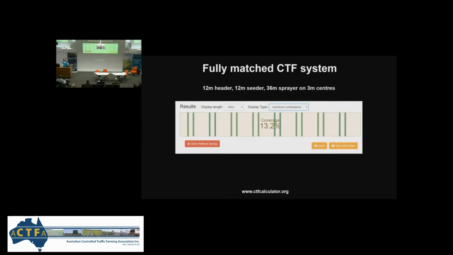So the aim of it is to minimise the amount of paddock that you actually wheel. And this one here is an example of a 3-to-1 system with a 12-metre header, a 12-metre seeder, 36-metre sprayer on 3-metre centres, which is probably one of the most common CTF systems that we've got, particularly in Australia now.